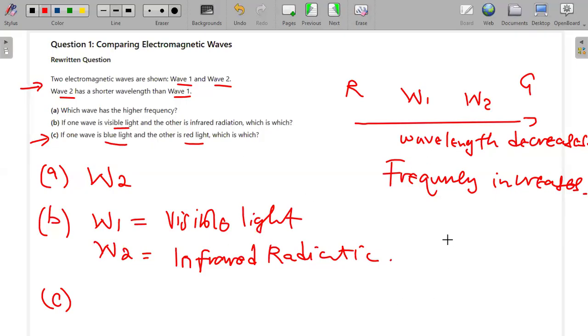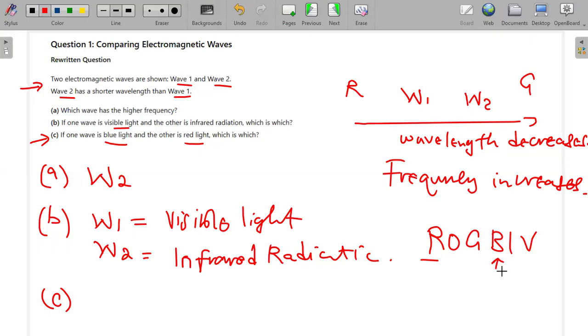Remember the visible light produces that little spectrum of colors, organized in this way, ROYGBIV. I can see red there and blue there. Remember wave two has a shorter wavelength than wave one. So between wave one and wave two, which one will be blue light and which one red light?